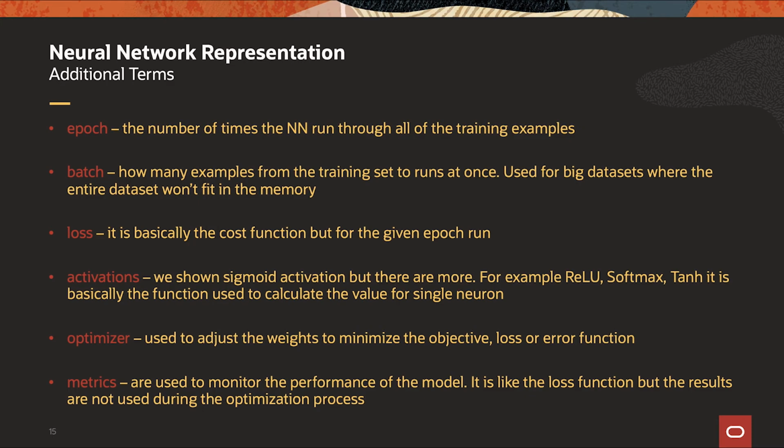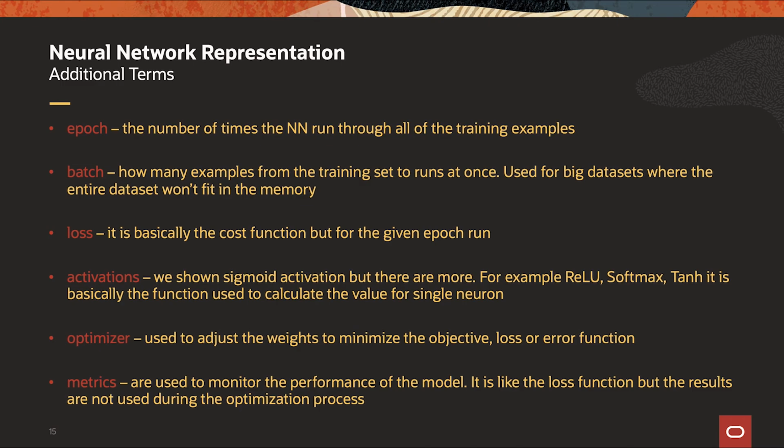Maybe you don't have that many resources, so the training set is so big that it cannot fit in GPU memory or your computer memory. For that reason, we specify a batch, which is the amount of data you want to run through in the first pass. This is just a subset of the entire big data set.